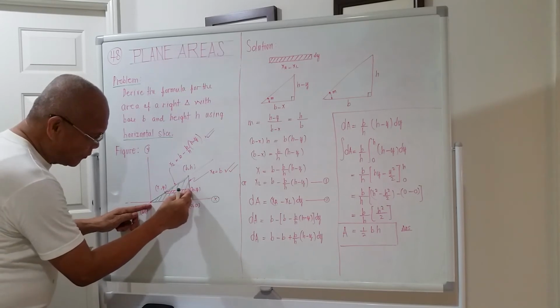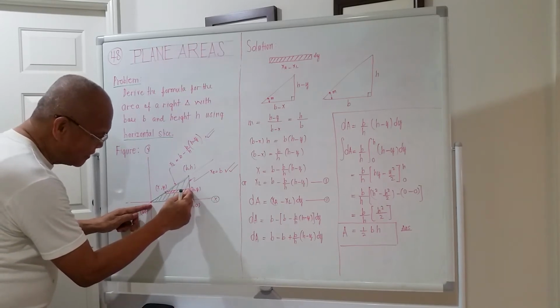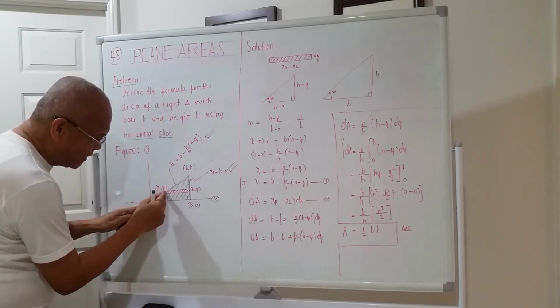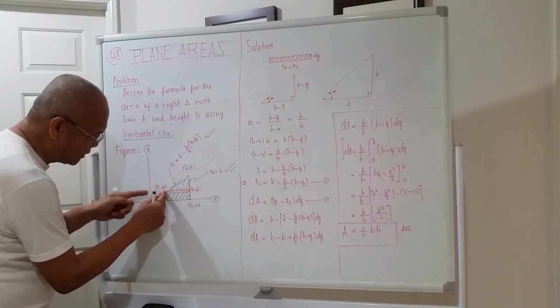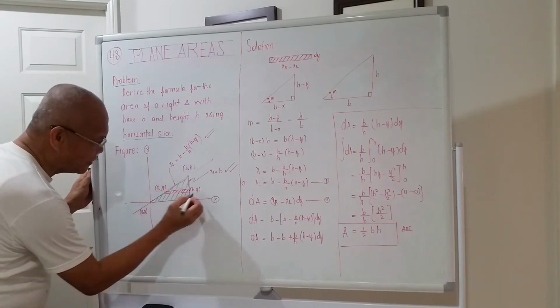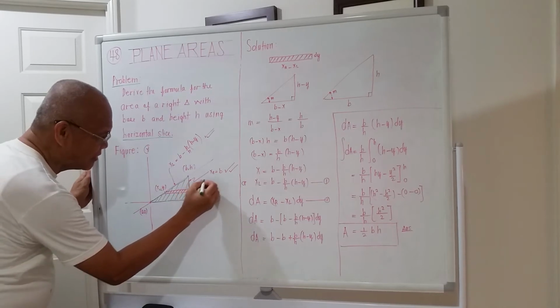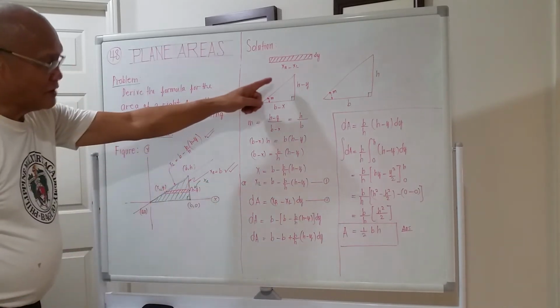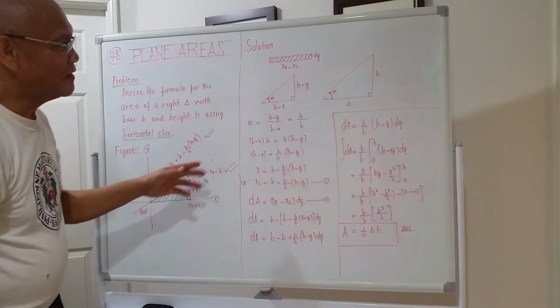The length over here is xr if we measure it horizontally, and the length here with reference to the vertical axis is xl, because actually this is xl and this is xr. Okay, so I place it there, xr minus xl.